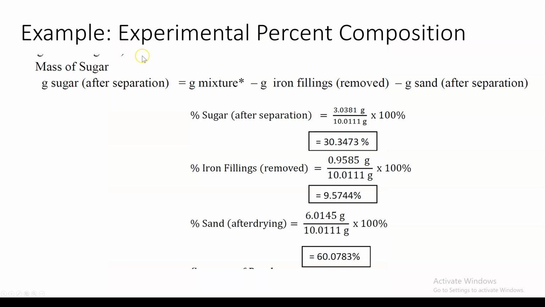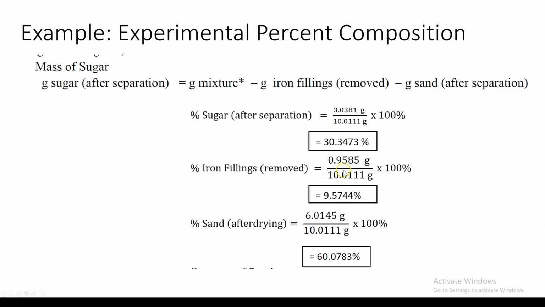And once you have obtained those data already, it is now time for us to calculate the experimental percent composition. The experimental percent composition is basically the mass of each of these components divided by the mass of that smaller sample that we took out.